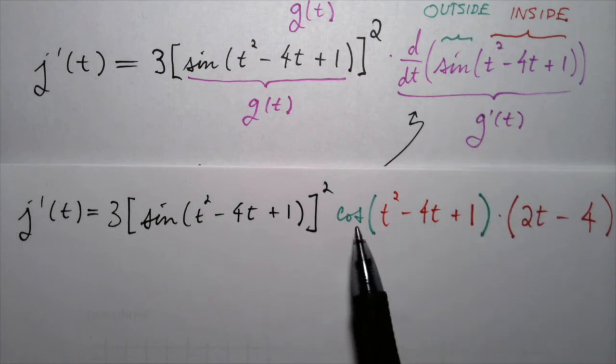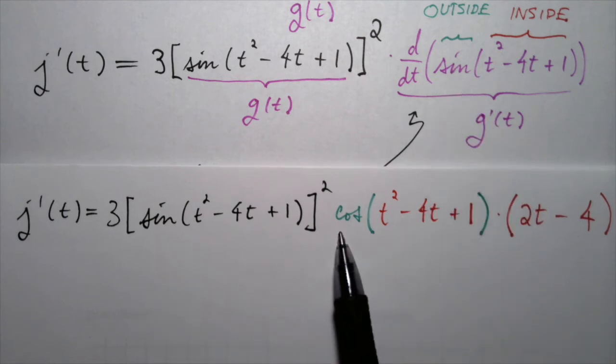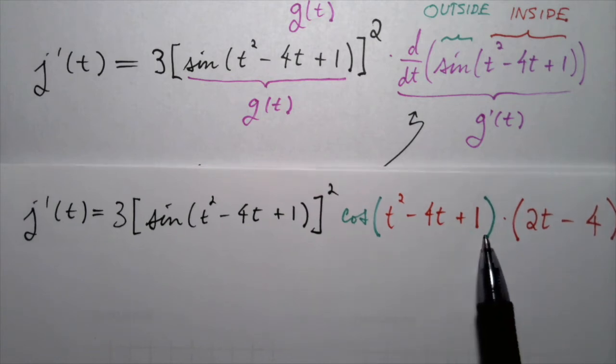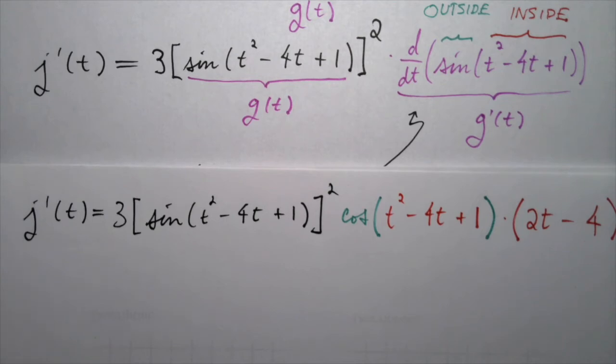We took the derivative of the second function, the outside function here, the sine function. We took its derivative, got cosine, evaluated at its inner function, and then multiplied by the derivative of the inside. And so that's the answer.